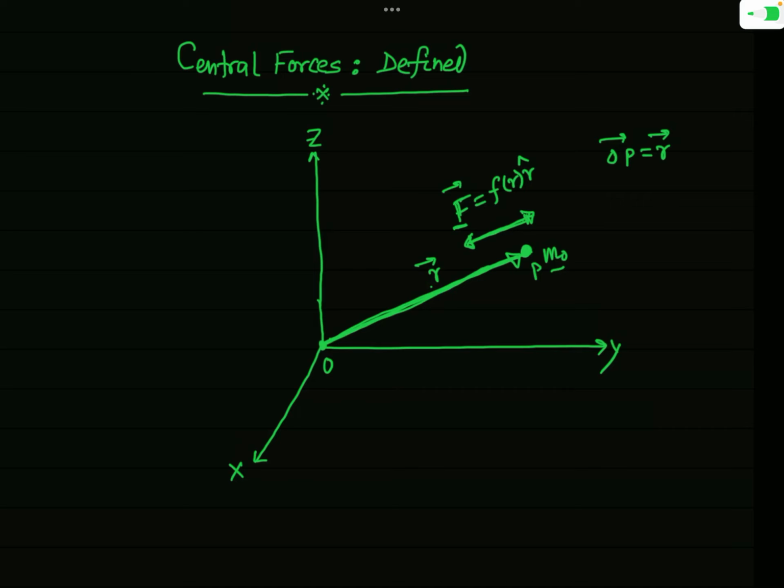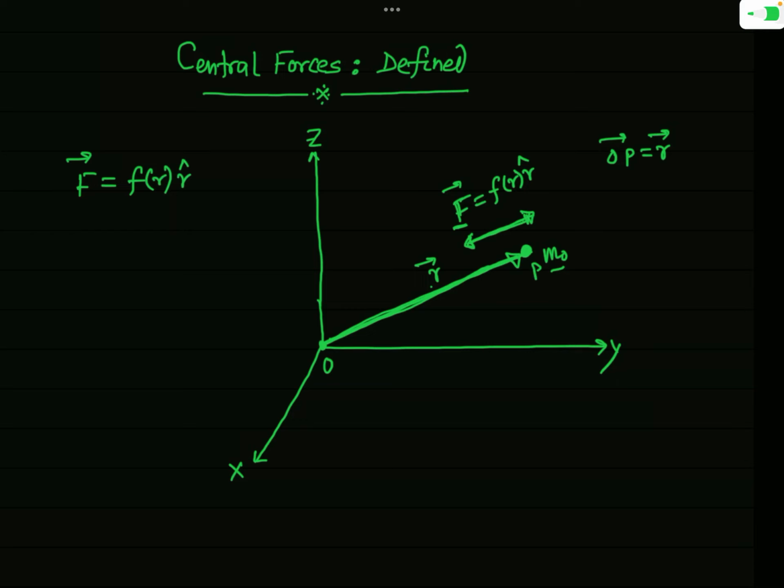Satisfying these two criteria, if you want to express this central force in symbols, you can express that if F is the central force, then it is denoted as F equal to F of r times r hat.